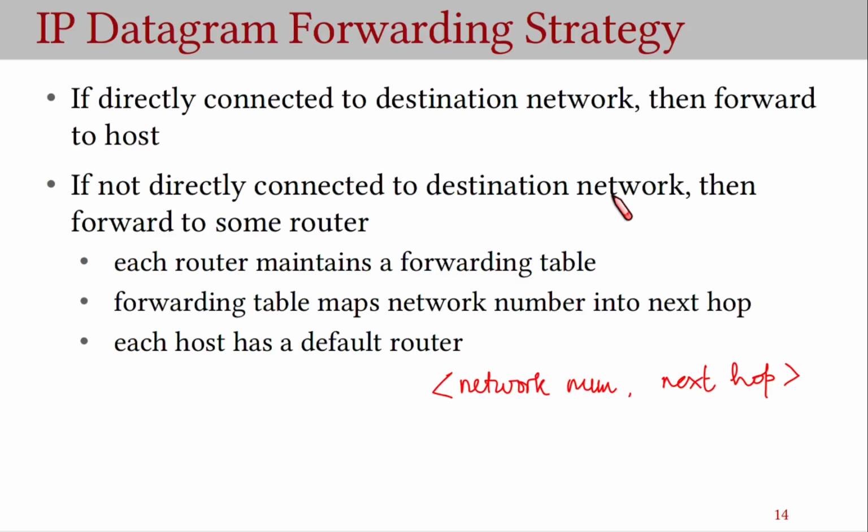So every forwarding table normally has a default router where datagrams that don't match any of the entries are sent, and hosts typically have just a default router.